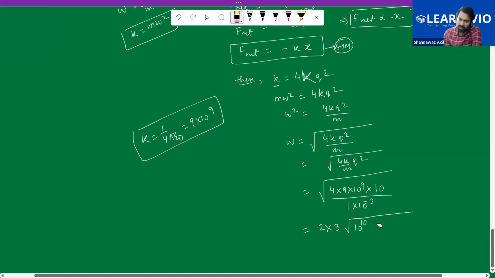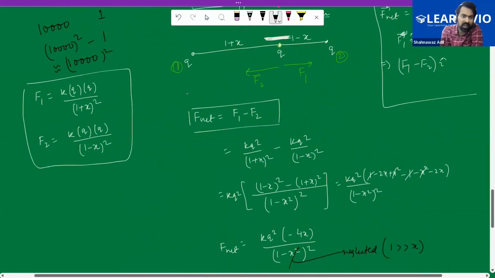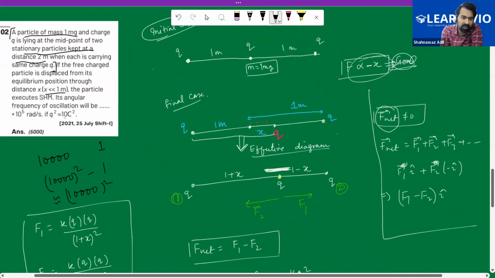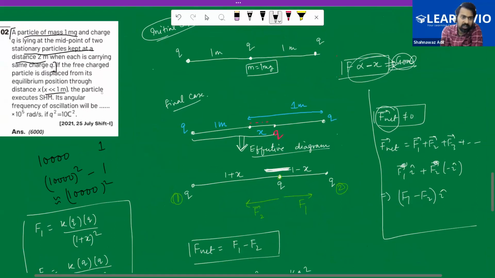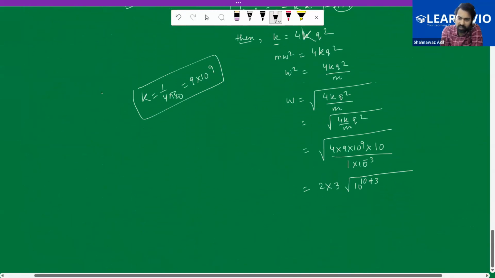I guess this should be 3. Are they saying 10 square? Is this 10 whole square? Let's check that.